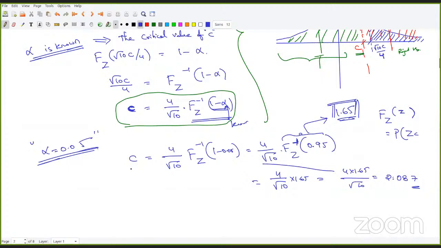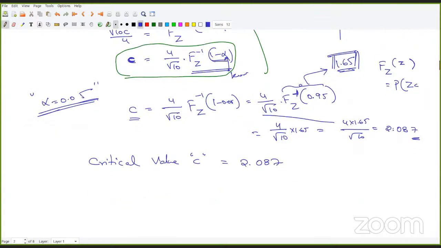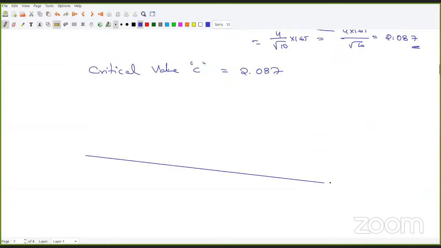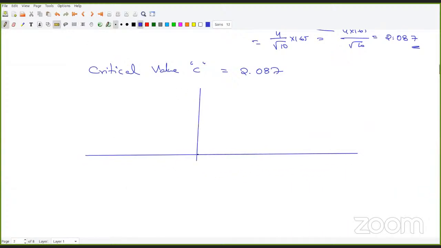So now we got the critical value C, which is equal to something like 2.087. What does this mean?